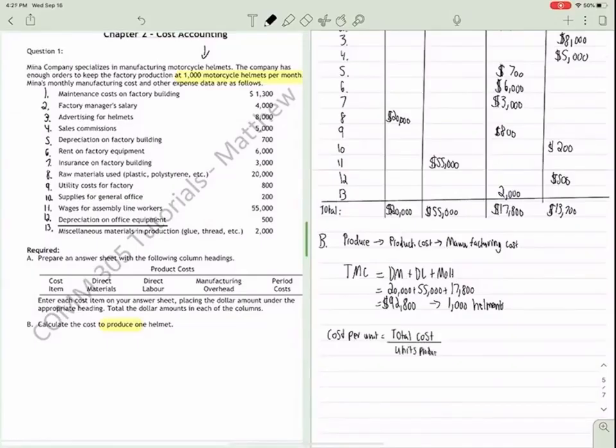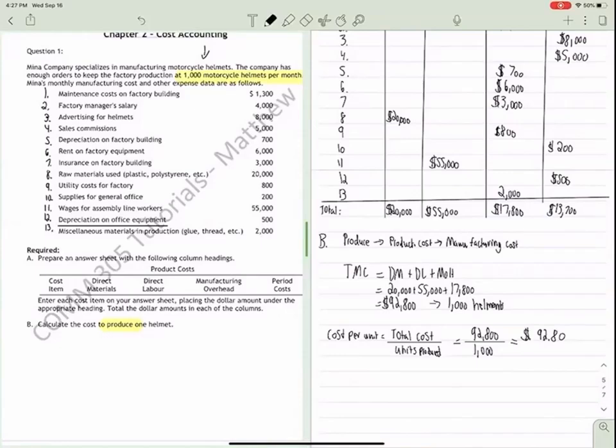Hope everyone understands that. You want to find the cost of one, take the total and divide it by the amount you made. So if our total is 92,800, and we made 1,000, that'll give us the cost of one helmet as $92.8. All right, and I saw a bunch of 92.8s before, so hopefully you got the correct answer. All right, that is this question, guys.